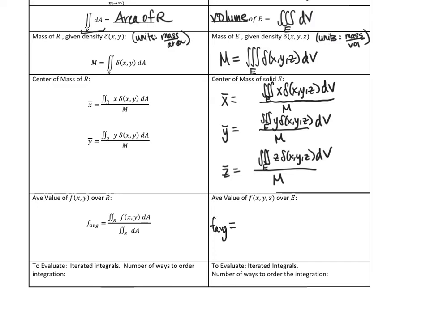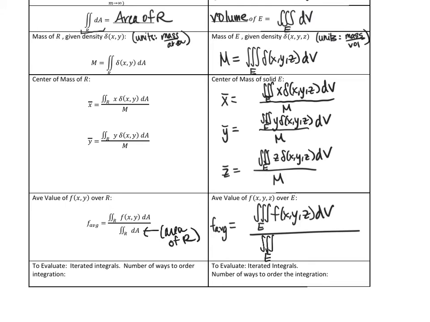And so the analogy is now I'm integrating this function, and now I'm dividing, instead of over here where I was dividing by the area of the region R, now I'm going to be dividing by the volume of E. All right, and then to evaluate, remember we had a double integral, we used iterated integrals, and we were able to either slice this up by slicing parallel to the y-axis first or slicing parallel to the x-axis first.